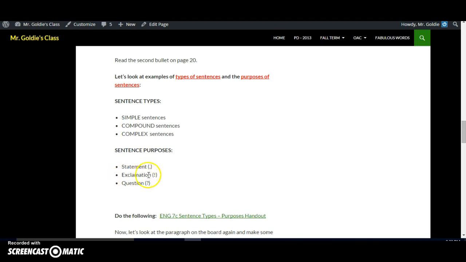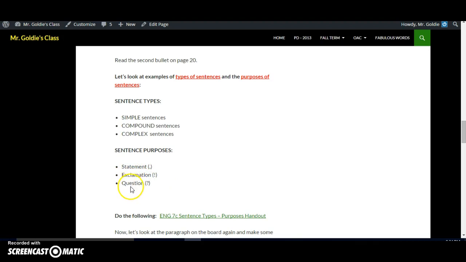You want somebody to share in your excitement. For example, you would say, "You should go to Akihabara. It's the most amazing place ever." So you end that with an exclamation. Your purpose was to persuade, but you did so in an exclamatory way by using an exclamation.